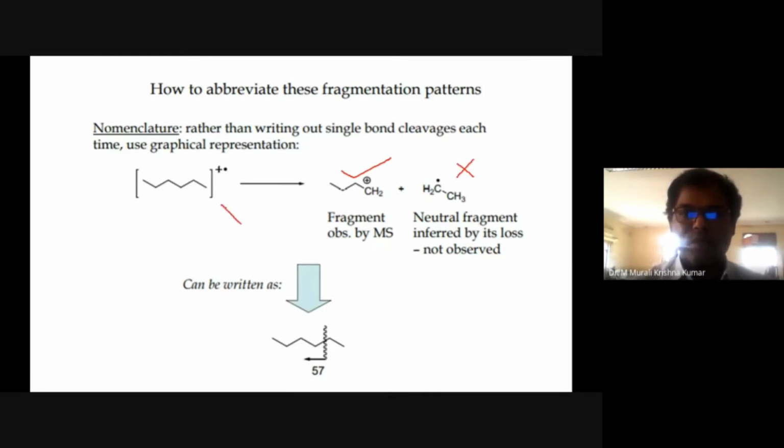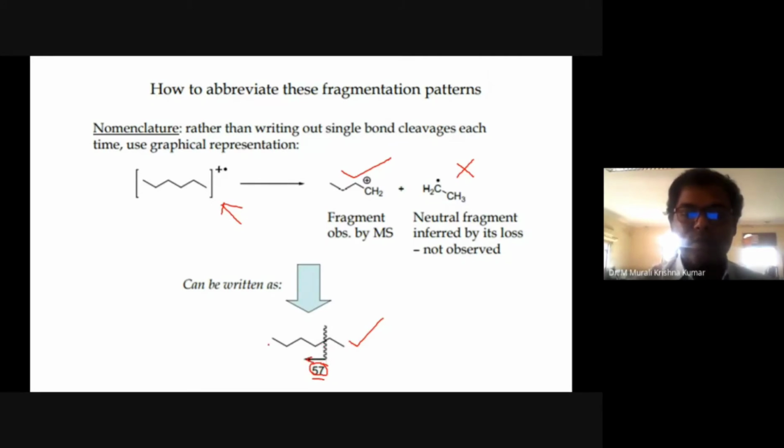So this is the molecular ion, and it is represented like this. When we are looking at the mass fragmentation pattern of an organic compound, it is represented by a wavy line. The wavy line indicates the bond which is going to be broken, and the direction of the arrow is in this direction.